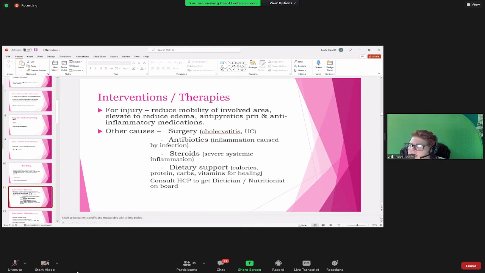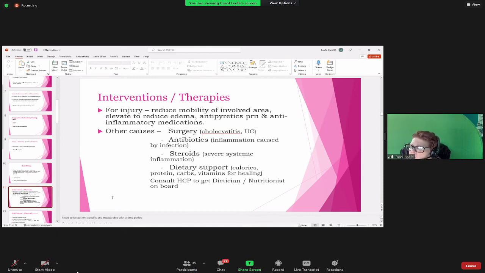Antibiotics for inflammation caused by infection, and then dietary support. All those healing mechanisms of vitamins and minerals, the increased calories, the protein that needs to be present for those white blood cells to be made.